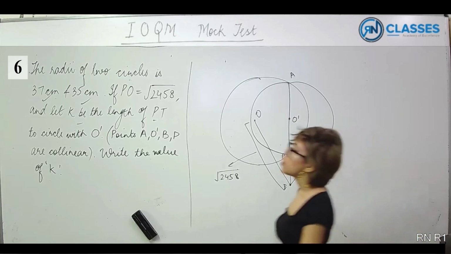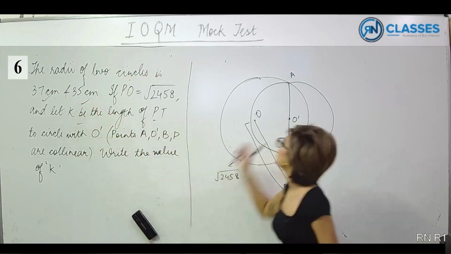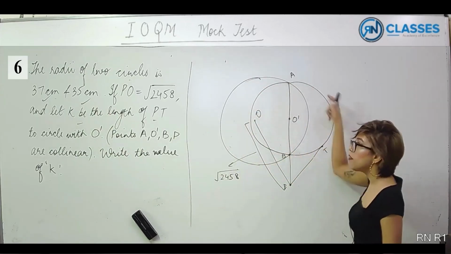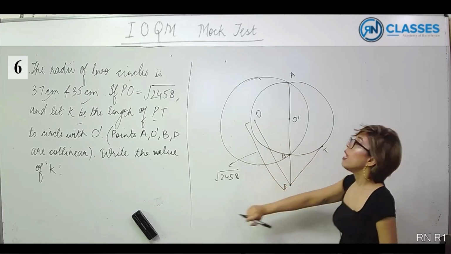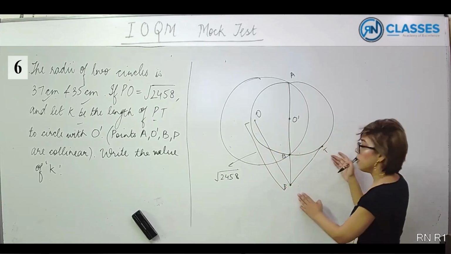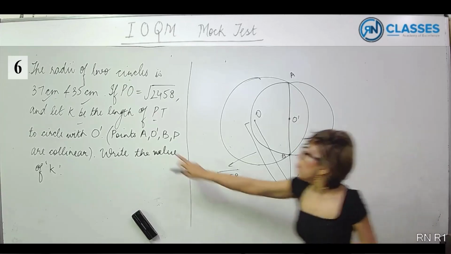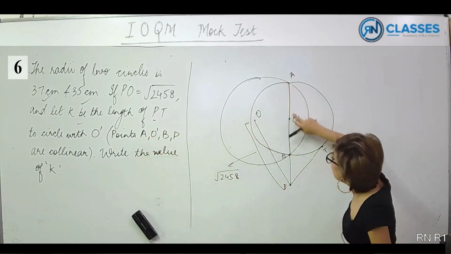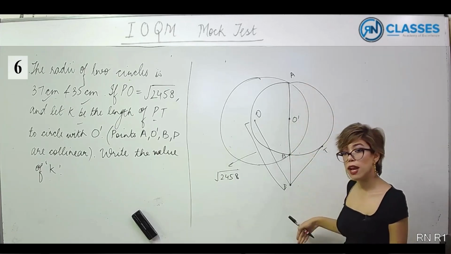Alright, on to the next question. Now he says the radii of two circles is 37 and 35. So 37 and 35. And he says PO, as in this length is given to you. Let K be the length of PT, which is tangent to the circle with center O dash, and points A, O dash, B, P. They are collinear. So that means they lie in the same straight line.